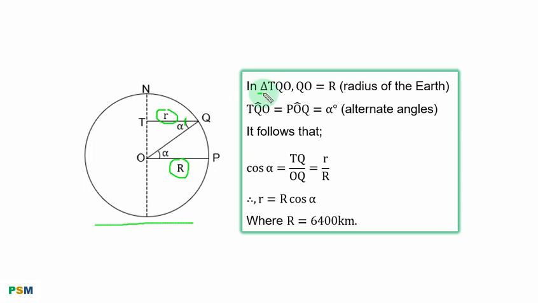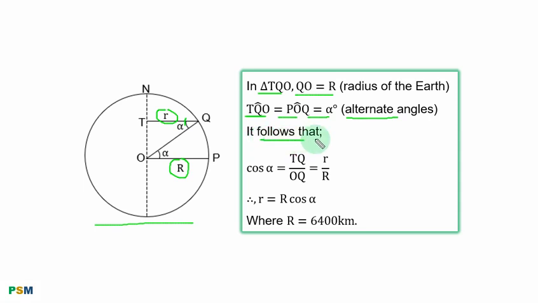In triangle TQO, QO is equal to R, the radius of the earth. Angle TQO is equal to angle POQ, equal to alpha degrees, alternate angles.